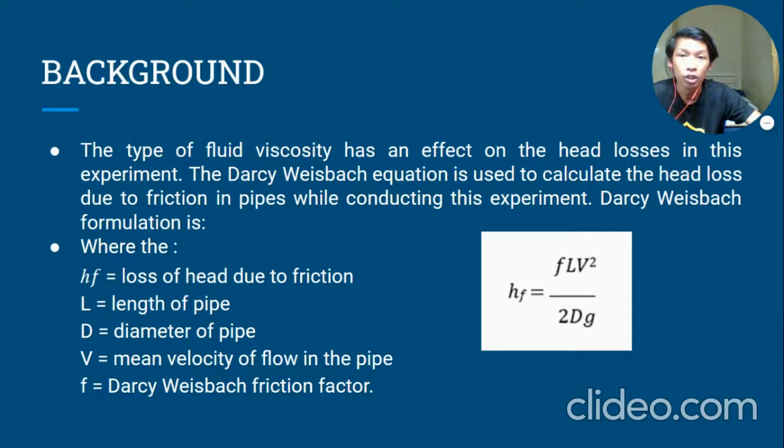This will be the Darcy-Weisbach formula, consisting of hf = flv² / 2dg, where hf is the loss of head due to friction, L is the length of pipe, D is the diameter of pipe, V is the mean velocity of the flow in the pipe, and lastly f is the Darcy-Weisbach friction factor.